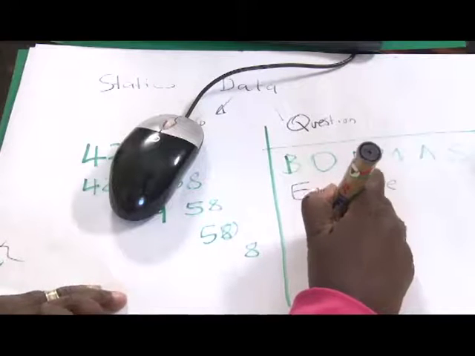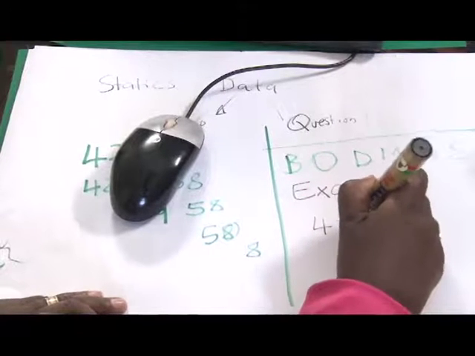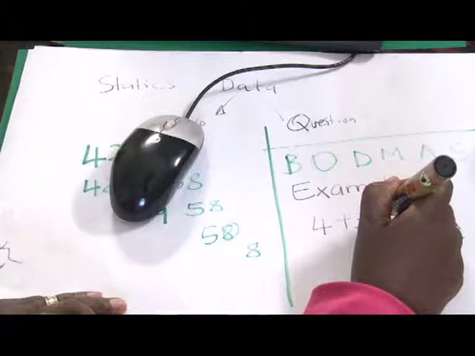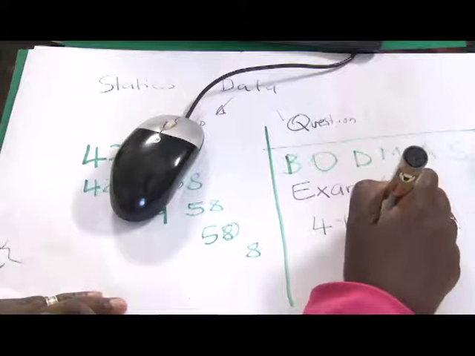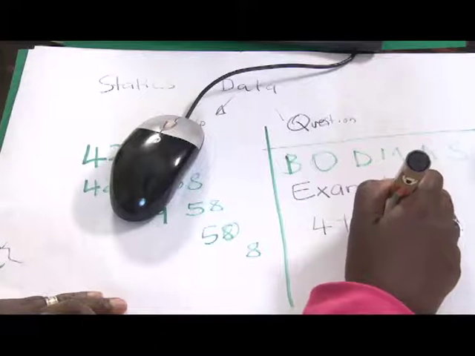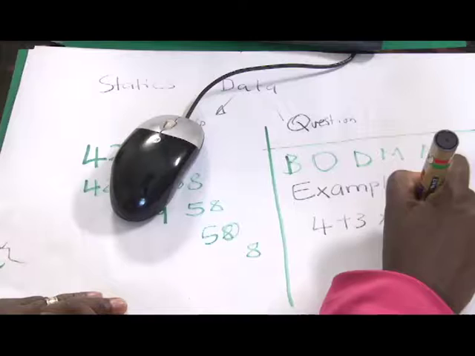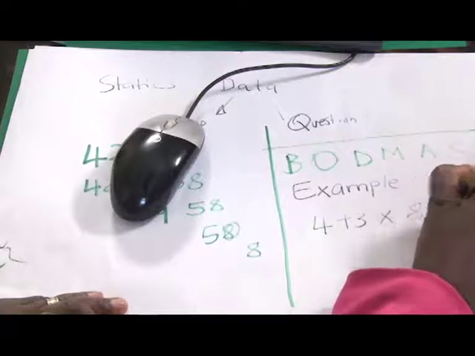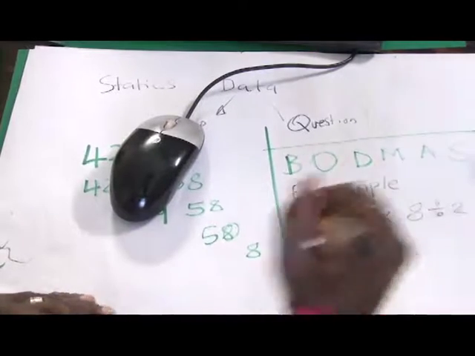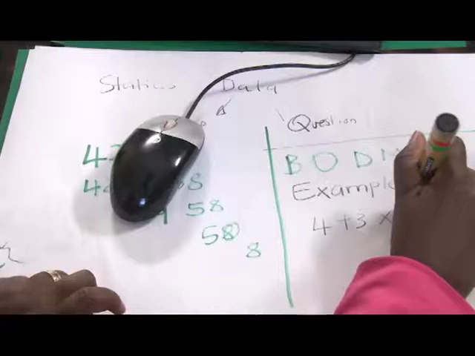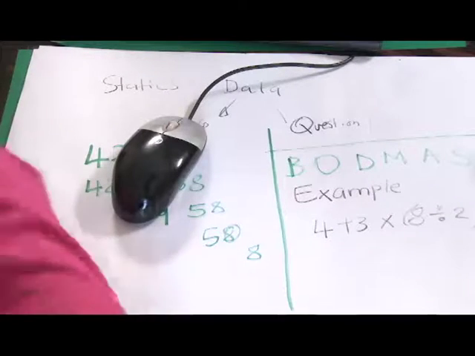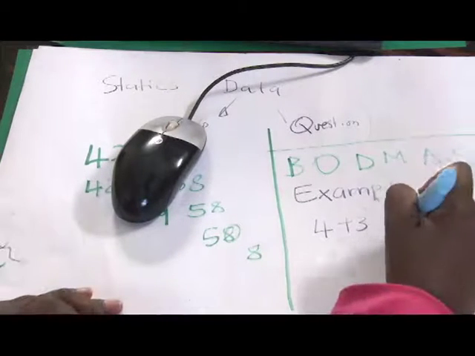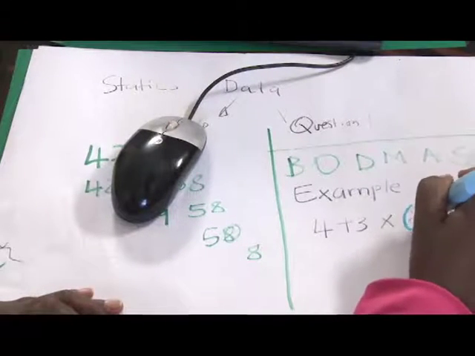Let's say 4 plus 3 times 8 divided by 2. Okay, let's put this in the brackets.